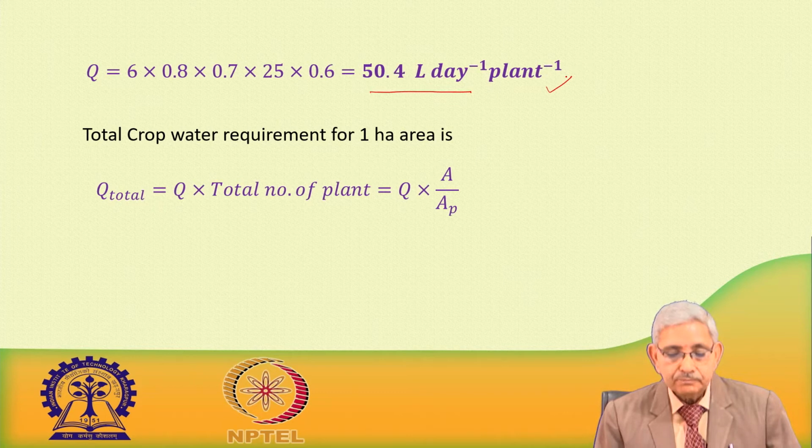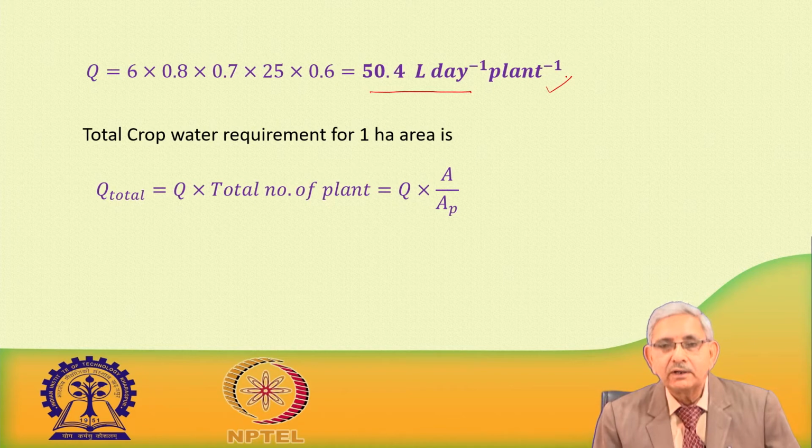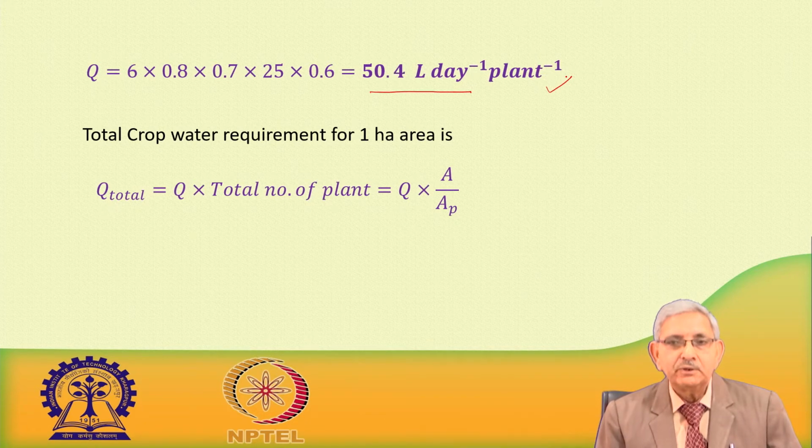So, if I know the total number of plants for the whole area, then I can multiply. In 1 hectare area, the spacing is 25 square meter for each plant.